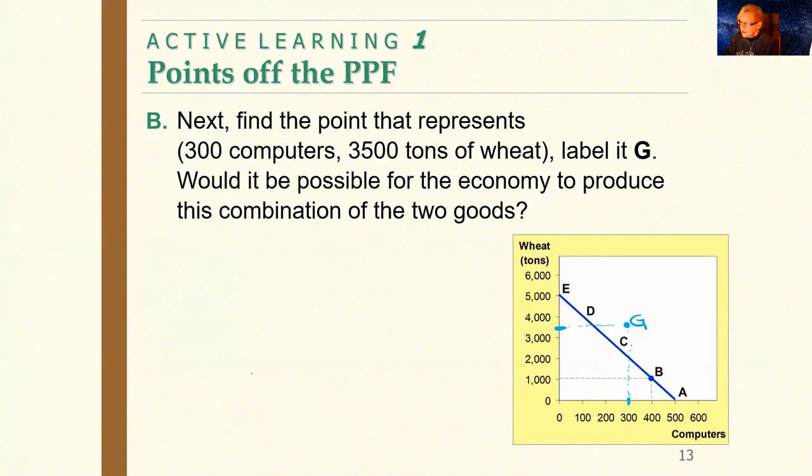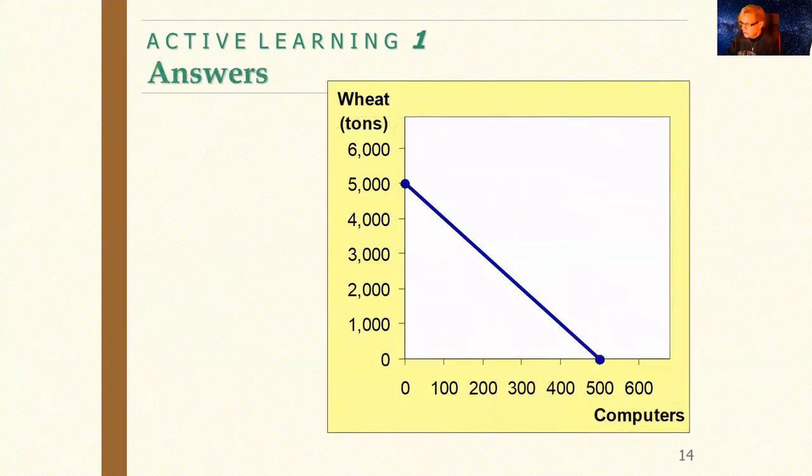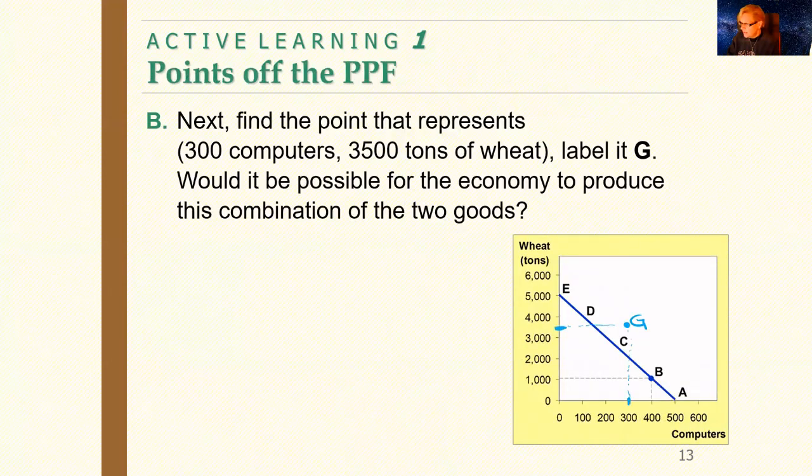Now, is G a good point to be? Would it be possible for the economy to produce at G? And the answer is no. There's not enough labor currently. This point, point G, is unattainable given our current state.